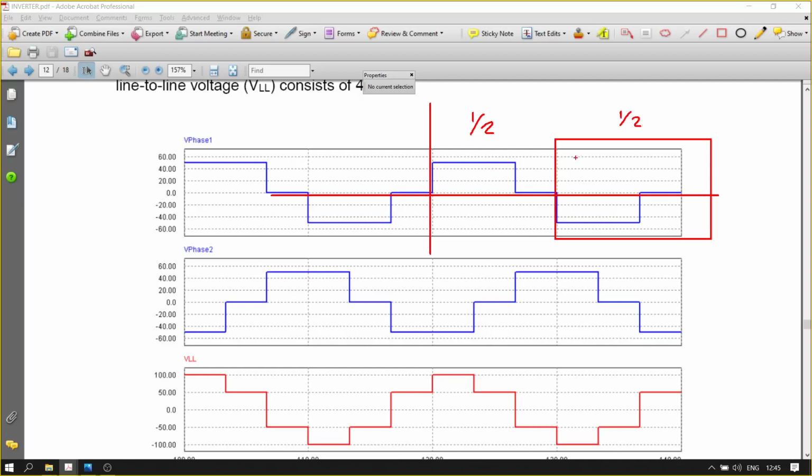So you shift the waveform to the left by half cycle, and therefore you will get that waveform, isn't it?